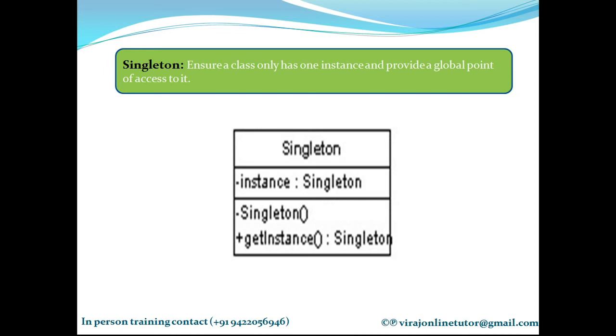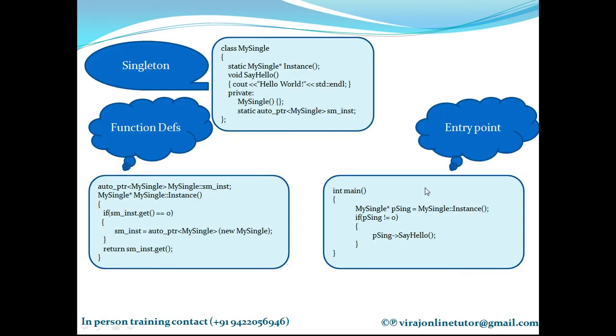Make sense? So if you want to limit the object creation to one, singleton is the answer for you. If you want to use it for read only, singleton is the answer for you. Now here is the code example of the singleton design pattern which I would like to explain to you all. The first class that I've drawn here is a class called mySingle.